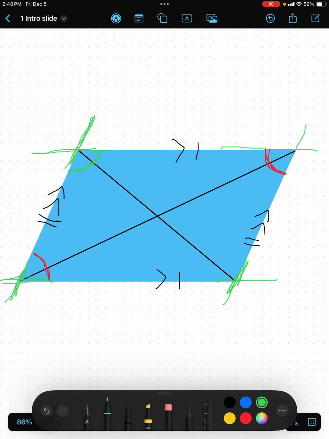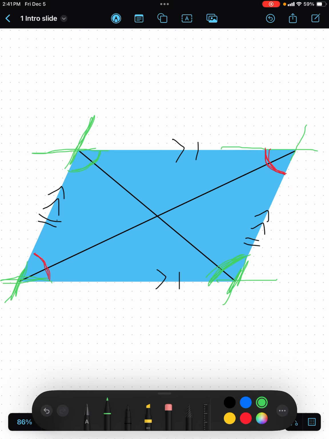And then we'll mark this green angle down here as well. So we have those happening with the angles. Opposite angles are congruent, and consecutive angles, angles that are next door to each other, are going to be supplementary. They will add to 180 degrees.